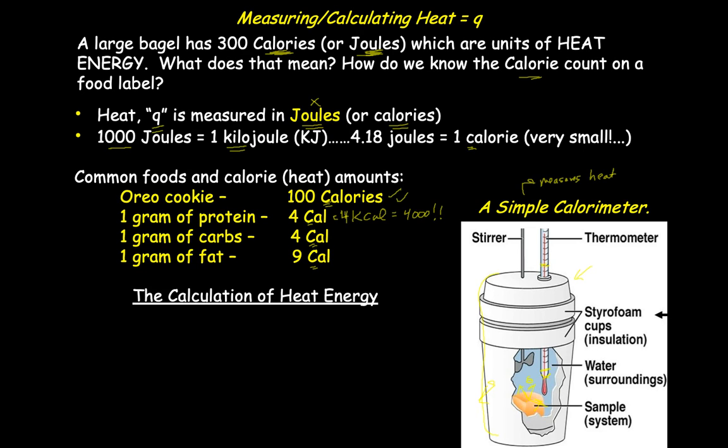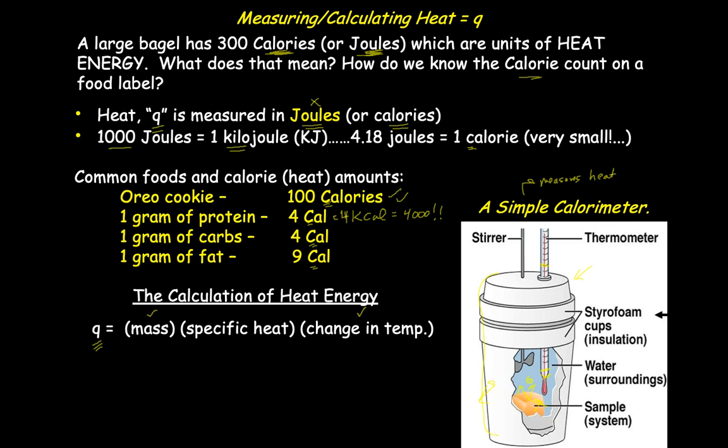Okay, so quickly, the calculation of heat energy. How do we actually calculate the amount of heat? We're going to use this little formula, and it really has 3 things in it. It's going to have a mass. So the amount of heat that you measure is dependent first on the mass. The change in temperature we talked about is important because a large temperature difference will have a large amount of heat transfer.